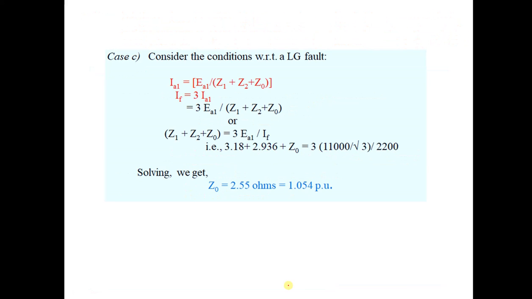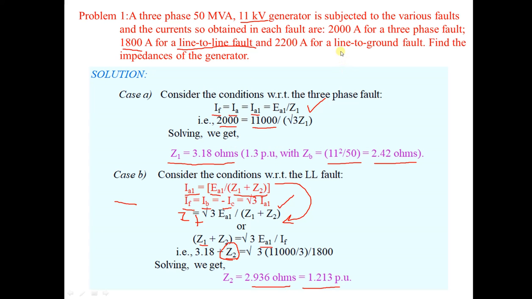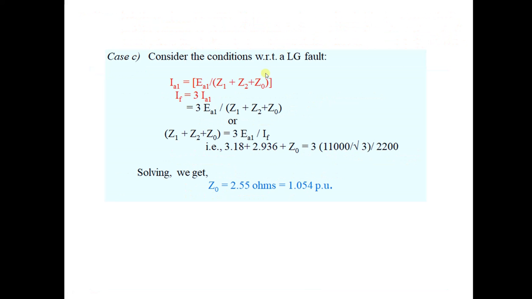Next we are going to consider the line to ground fault, where the current is given as 2200 amps. Same as before, we are going to find it: Z1 plus Z2 plus Z0. We know Z1 and Z2, and also IF.